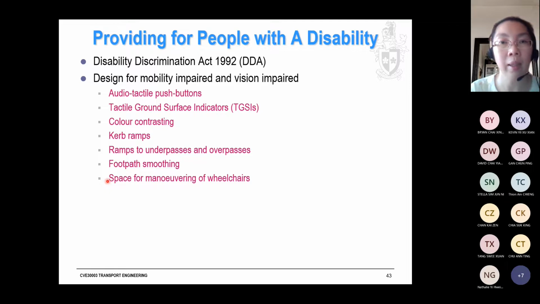It's just one step, so we just step up, no issue. But even if it is just one simple step, sometimes you see at the lobby you may have one step. That kind of design is not very user friendly for people with mobility disability.